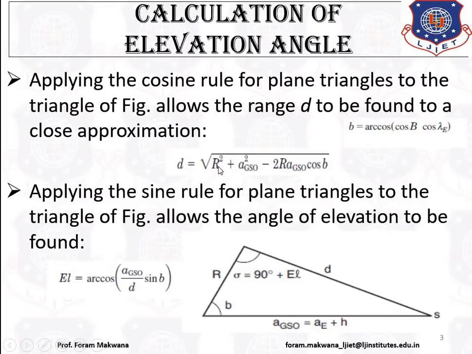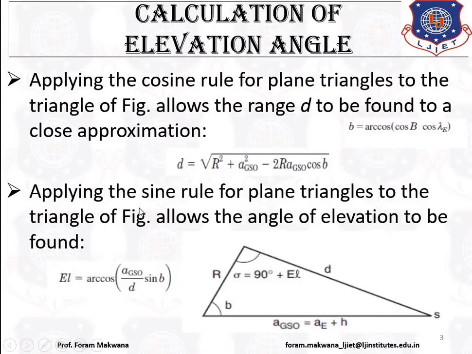Here r means radius of earth, agso means radius of geostationary orbit, and small b is cos inverse of cos B into cos lambda e, right?